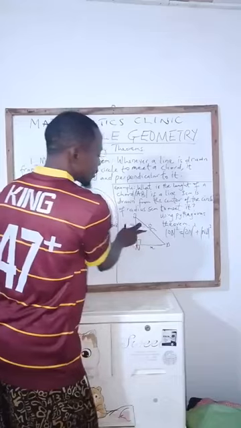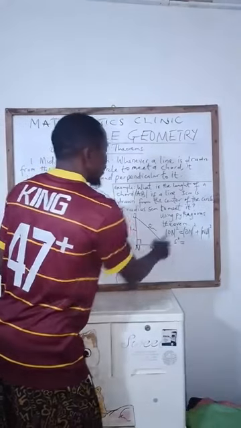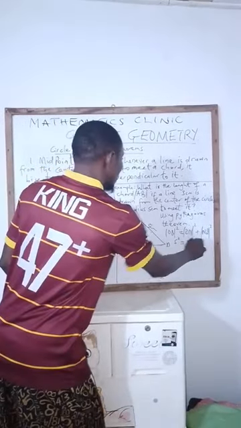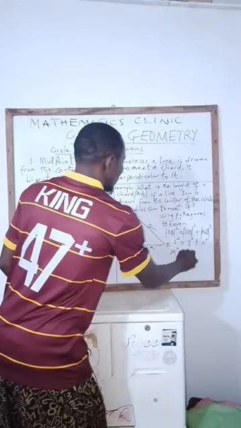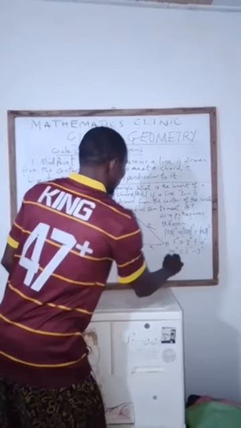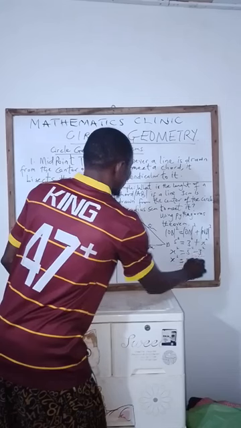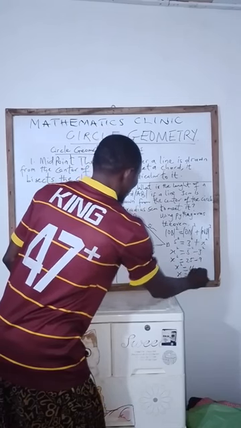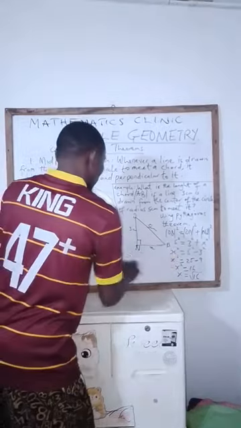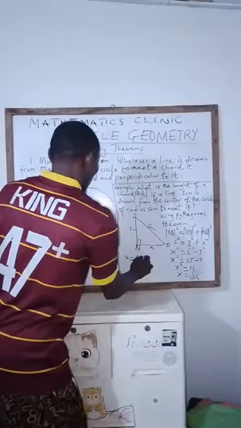What is OB square? That is the hypotenuse, which is 5 square, is equal to ON, 3 square, plus NB, x square. So what is x? X square is equal to 5 square minus 3 square. X square is 25 minus 9. X square is 16. X is equal to square root of 16. X is equal to 4 centimeters.